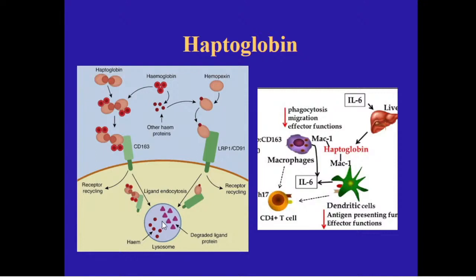Hemoglobin after this will be converted to globin part and bilirubin, then bilirubin, and then pigment exchange. So this prevents losing of heme and iron from our blood, but haptoglobin is also connected to the immune reactions, and receptors are on the phagocytes, on the dendritic cells.